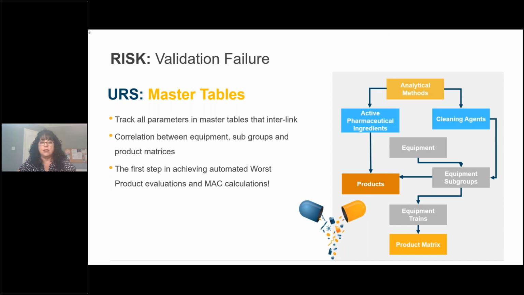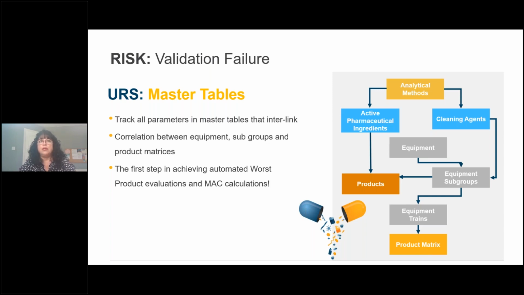Validation failure is an important risk, and this is addressed using master tables. So these master tables within the system are correlated and interconnected, and each table contains linked parameters that are used for cleaning validation calculations, including worst case evaluation and macro formulas.